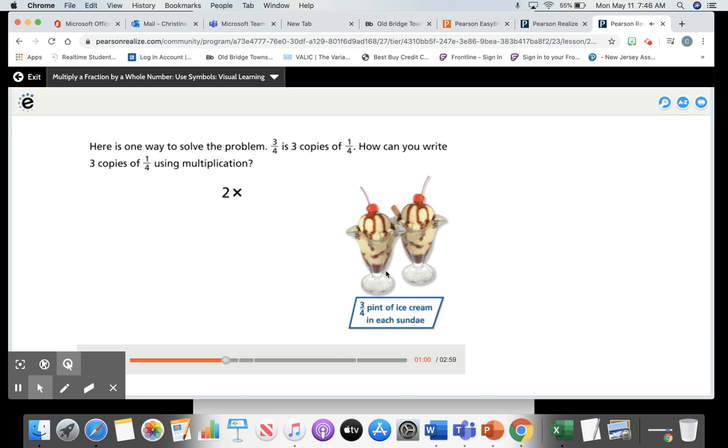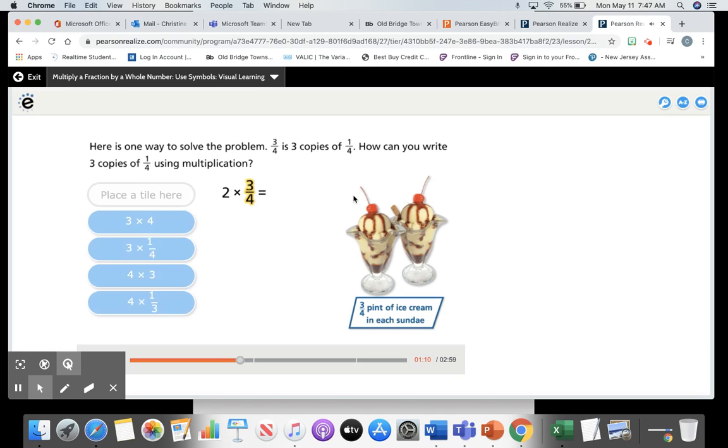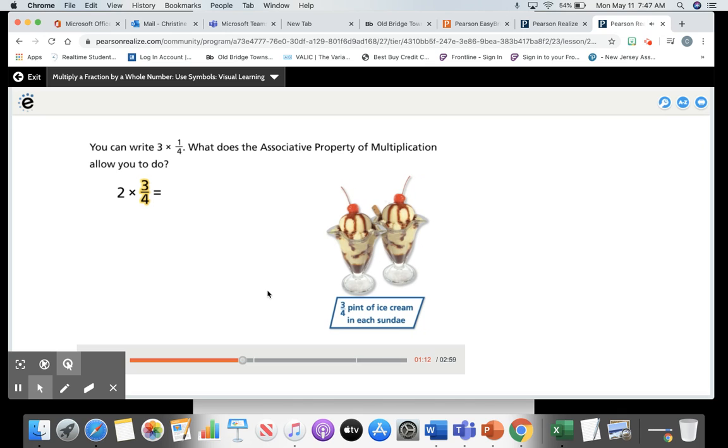Here is one way to solve the problem. 3/4 is 3 copies of 1/4. How can you write 3 copies of 1/4 using multiplication? Select your answer. So 3 copies of 1/4 is like saying 1/4 plus 1/4 plus 1/4, or 3 times 1/4. You can write 3 times 1/4.